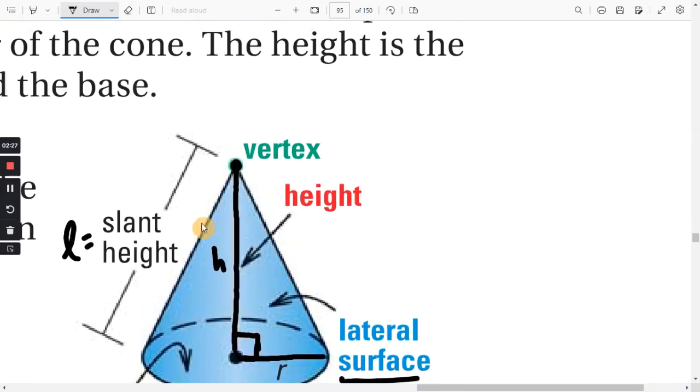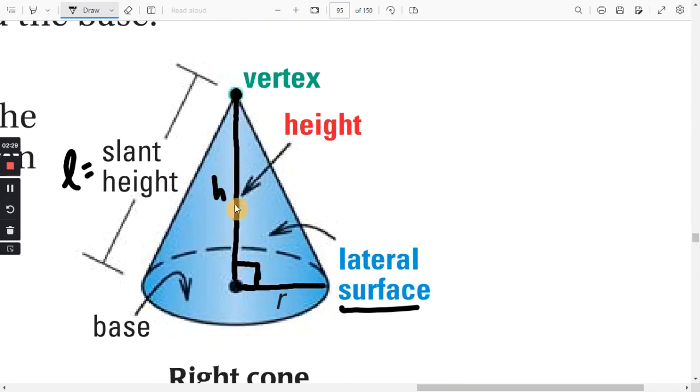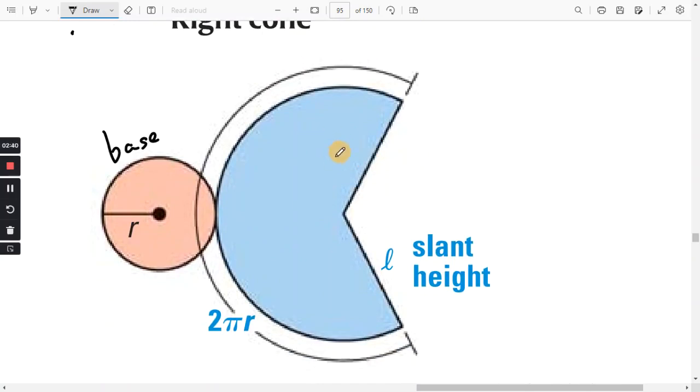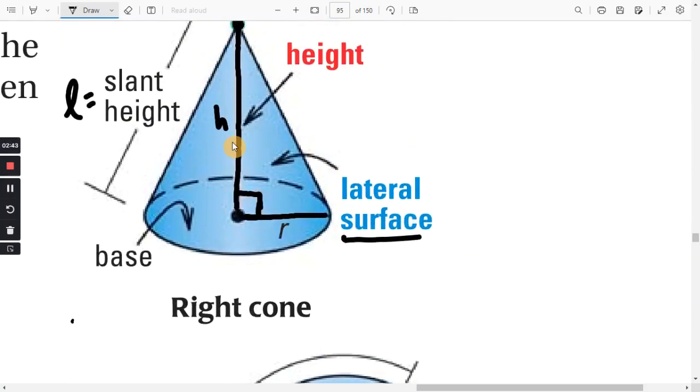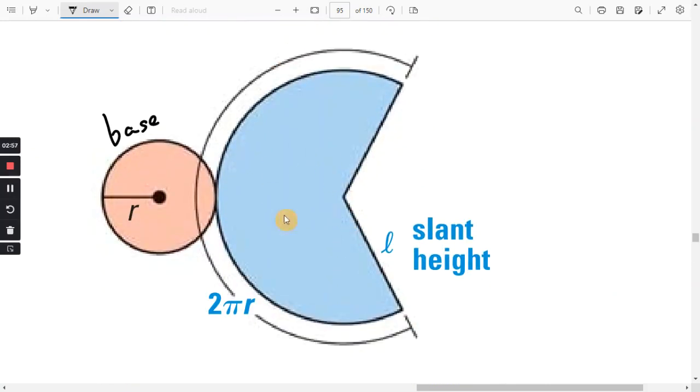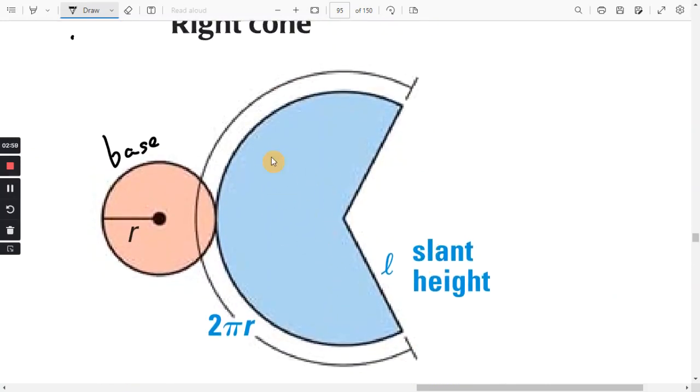However, if you unroll the lateral surface, the part of this cone that is everything other than the base, it's not going to be a full circle. It's just going to be a partial circle. And this distance on the side is L. When you unroll this part of the cone, L becomes the radius of this partial circle, which is basically just a sector.